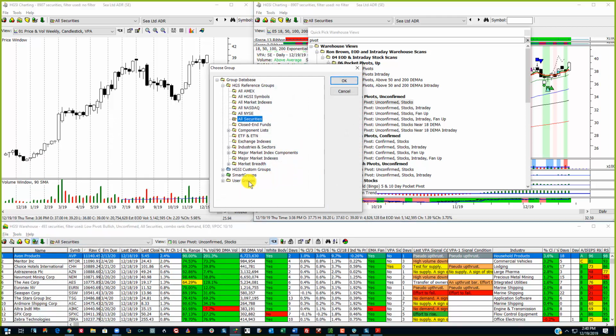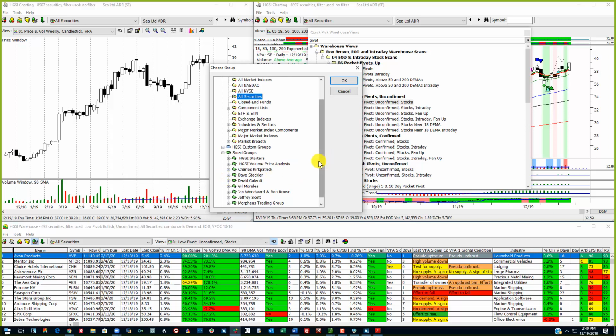And if you're an HGSI user, you're familiar with smart groups. Smart groups are different groups under different people who have contributed filters, and primarily filters to HGSI, and these groups are generated every night.